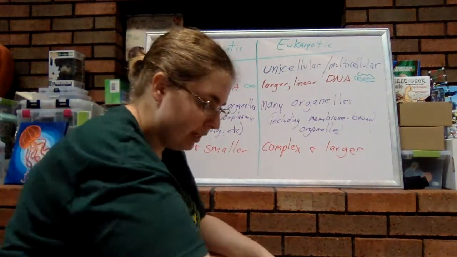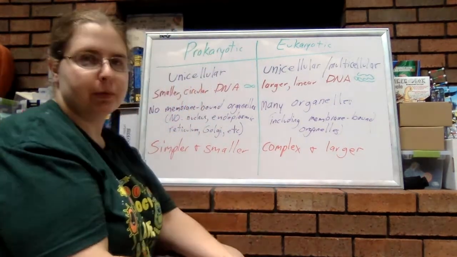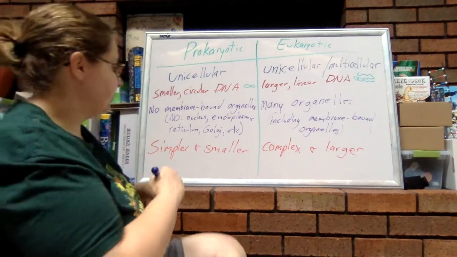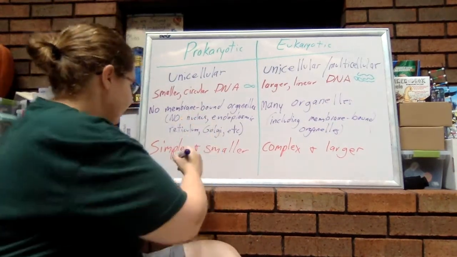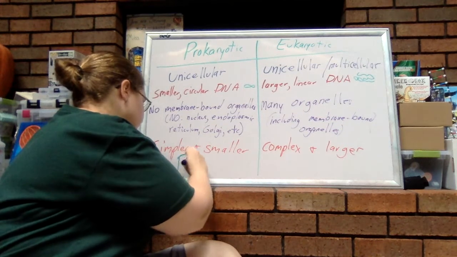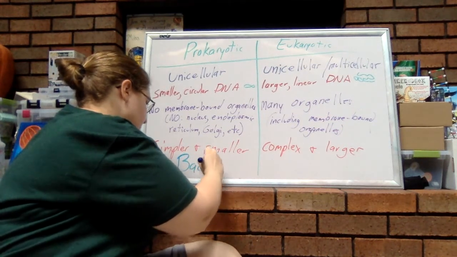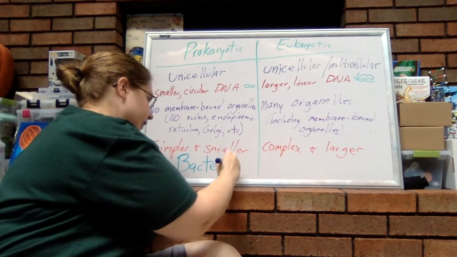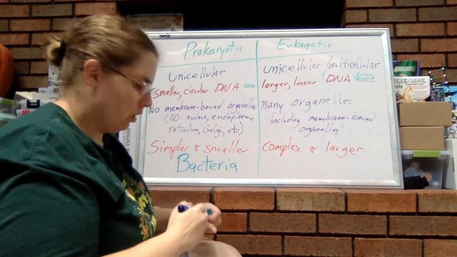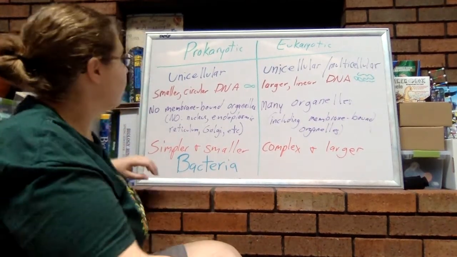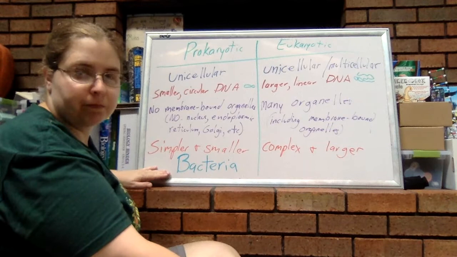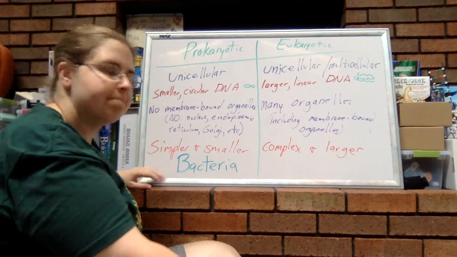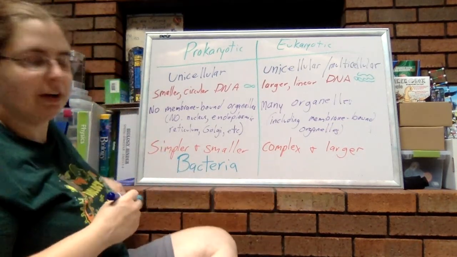All right, now let's talk about some examples. We'll make it pretty simple for prokaryotic cells. Bacteria. All bacteria are prokaryotic cells. If it's not a bacteria, it's going to be eukaryotic.